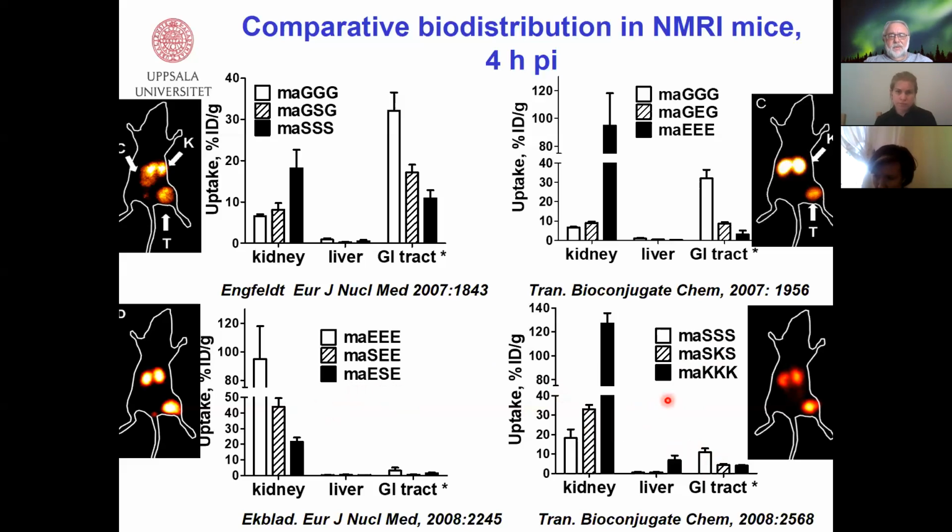But if we used 4 lysines, the activity in the kidney went up, and the activity in the liver was also very significantly increased.